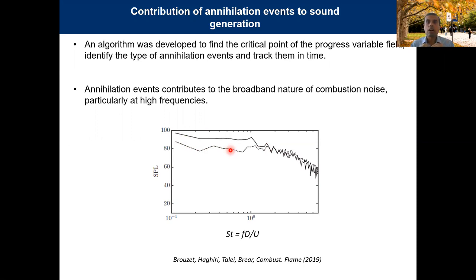When you identify these flame interaction events, put them together and see how much sound they produce overall, what is interesting is that on the high frequency side of the spectrum, they dominate the sound generation here, and they still have a role to play in the low frequency sound, but it's not obviously explaining everything here.